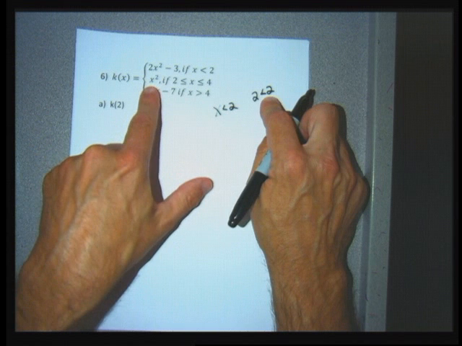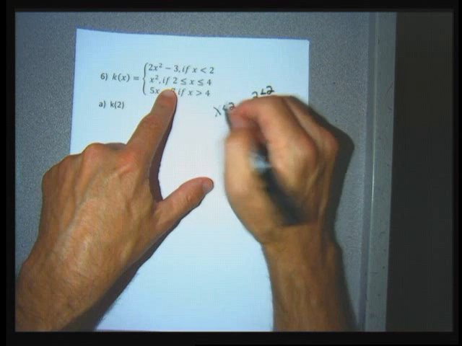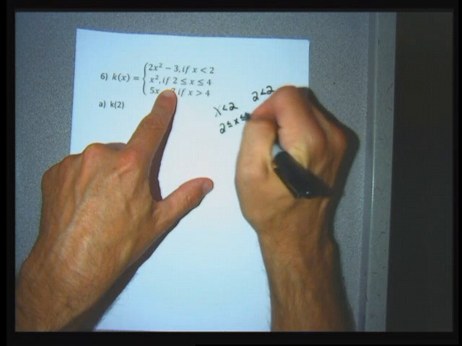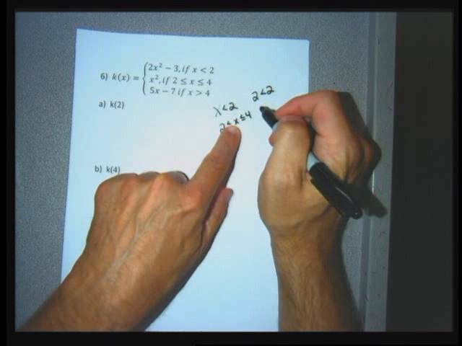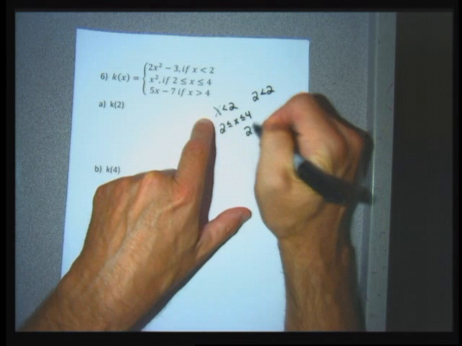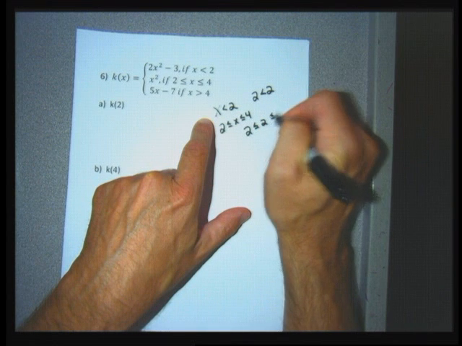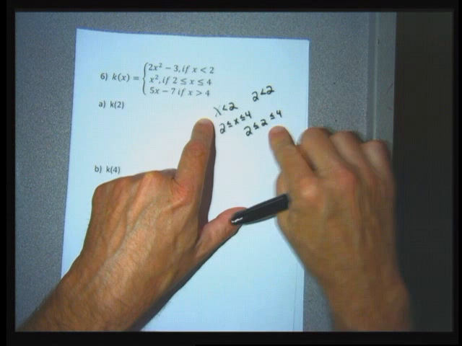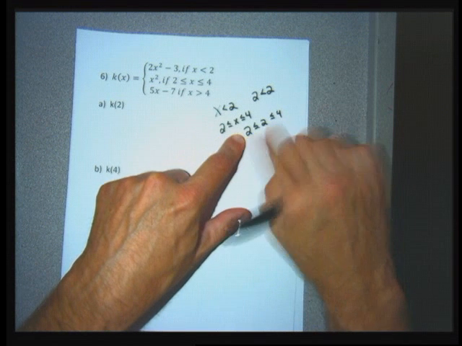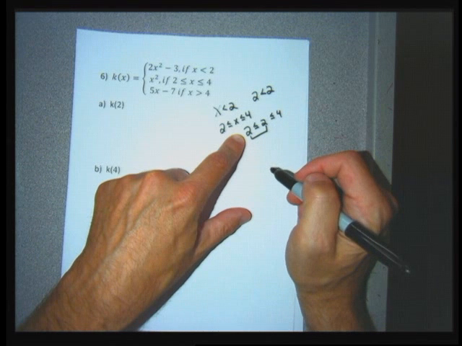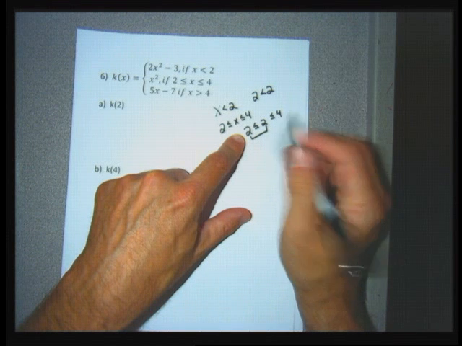That's no good. The middle one is good if 2 is less than or equal to x, which is less than or equal to 4. If I change that x to a 2, I get the statement 2 is less than or equal to 2, and 2 is less than or equal to 4, so I need both to be true. This is a true statement right here that 2 is less than or equal to 2 because 2 is equal to 2, so it satisfies the or equal to part.